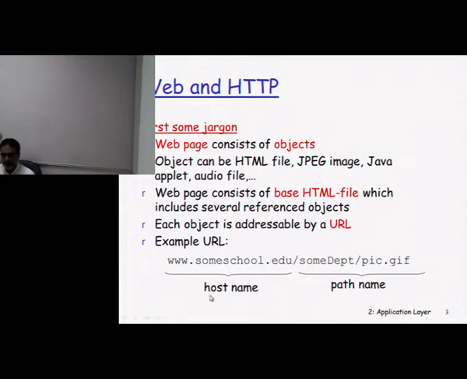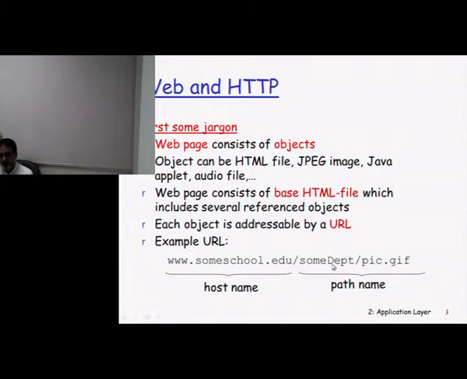It is kept on this computer, in this folder, some department. In this particular folder this picture is kept over this host, and definitely this host should have an IP address, which will be a resolution of the URL into an IP address.